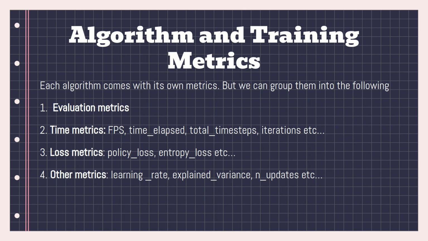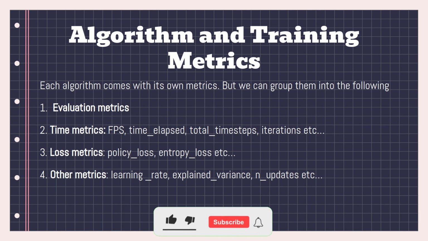You can use frames per second, time per episode, total time steps, and iteration, stuff like that. For the loss metrics, you have the policy loss, the entropy loss, and all of that. For the other metrics, we have learning rate, explained variance, the number of updates, and all of that. So each of the models has its own metrics that you can use to evaluate that specific model.